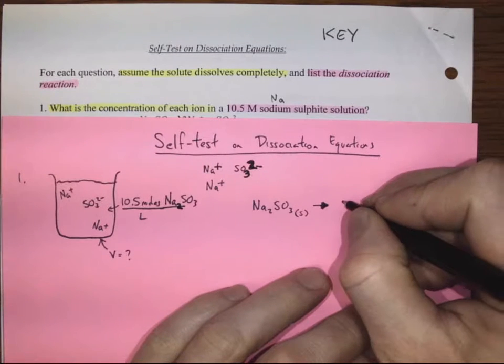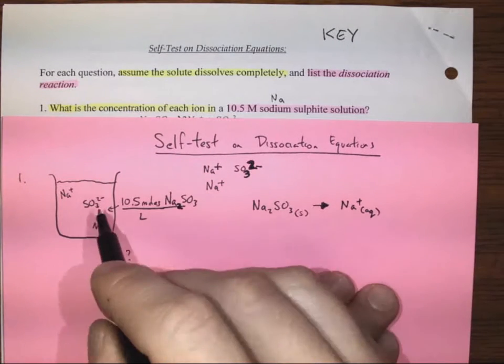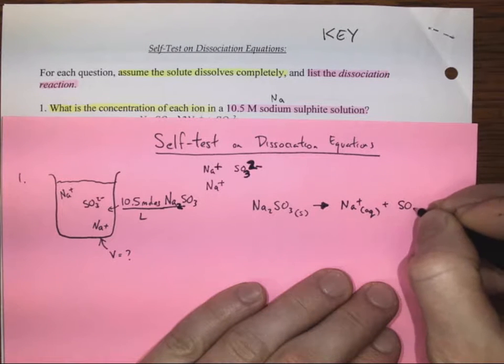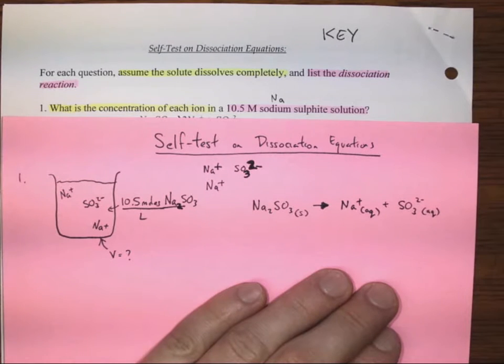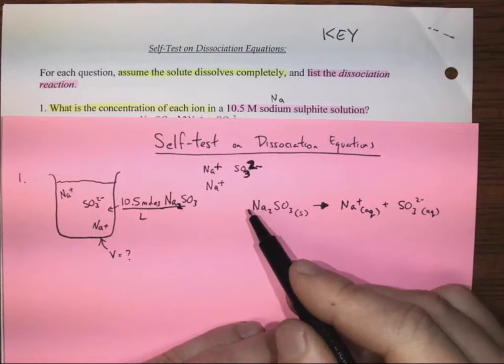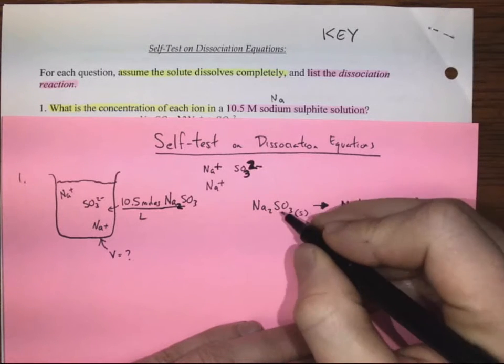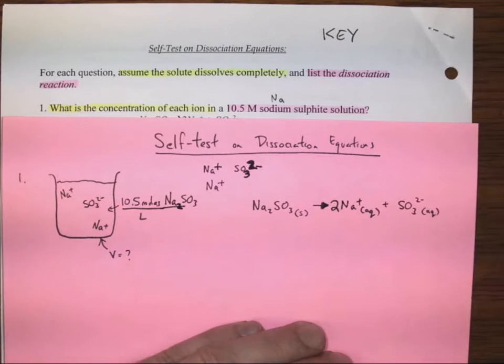I'm going to have some sodium ions that are now aqueous. That's what it means when they're floating around in water like that. And some sulfite ions, which again are aqueous. And lastly, I need to balance this reaction. So there would be 2 sodiums here, to balance the Na2 here. Great.